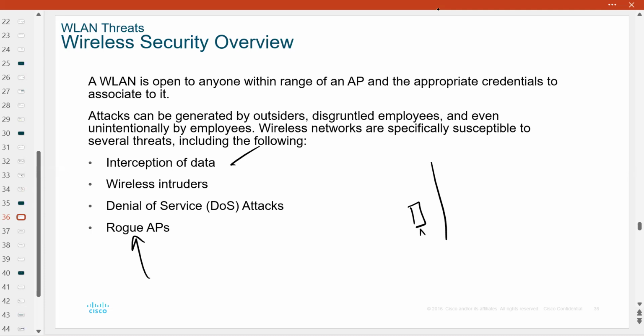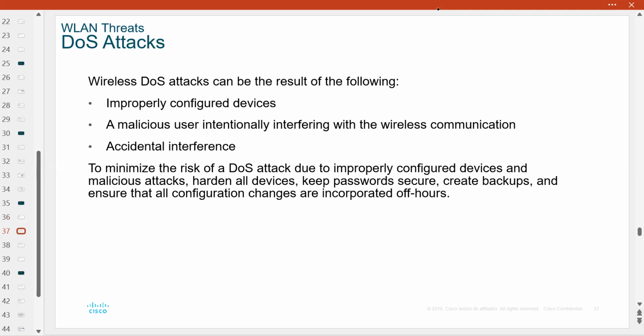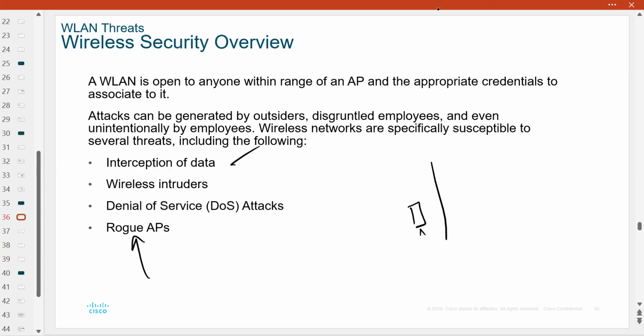And we have ways that we can avoid interception of data. One, encryption. With encryption, you can intercept the data, but you won't be able to read what that data is.